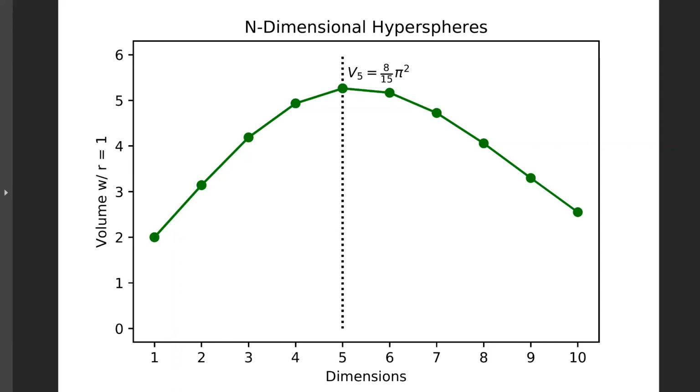So it'll increase all the way up to V sub 5. And once it hits V sub 5, it decreases drastically, which is kind of a surprising result, if you ask me, because as you continuously increase dimensions, once you hit the threshold of 5, the value or the magnitude of these volumes decreases faster than any exponential value you can find. So I found this to be particularly interesting, and I hope you do too.